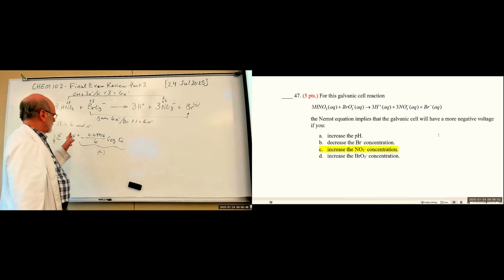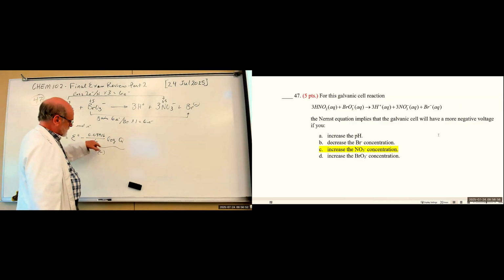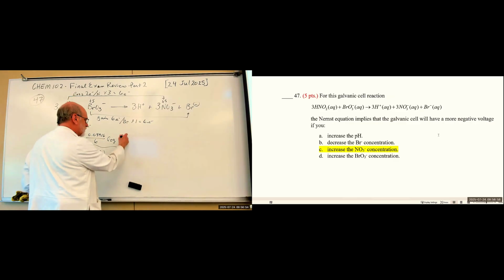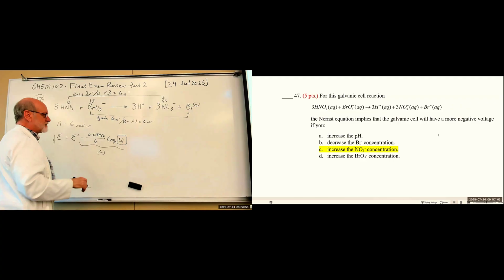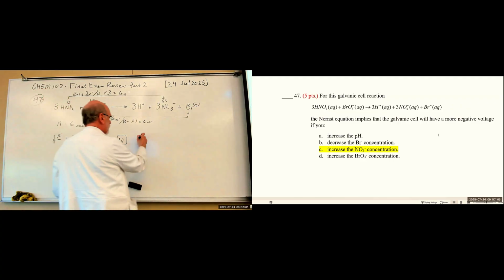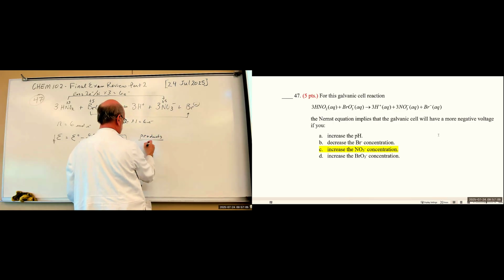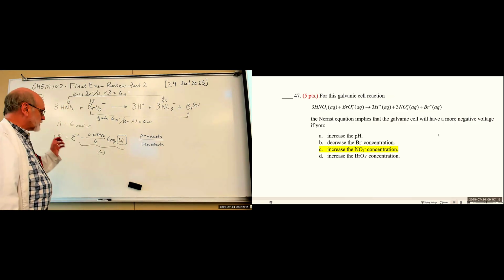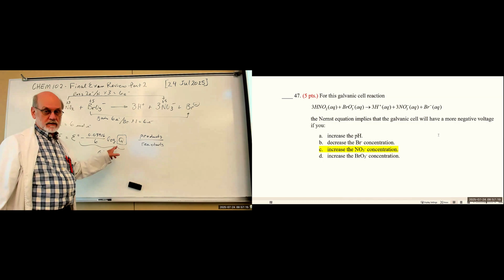Okay, so how do we get there? Well, we can't change this one. These values are fixed, so we're focused on the Q, right? How do we get a more negative value there? Well, if we have products divided by reactants, right? And we want to decrease Q, make Q smaller.